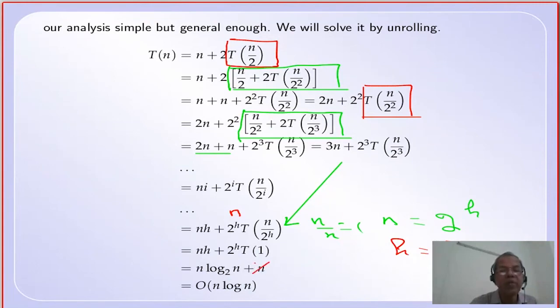N is a lower order term. N log n is larger than n. Asymptotically, when n tends to become very large, the n will be ignorable compared to n log n. Therefore, the running time of merge sort is big O of n log n, superlinear or linearithmic, whatever.